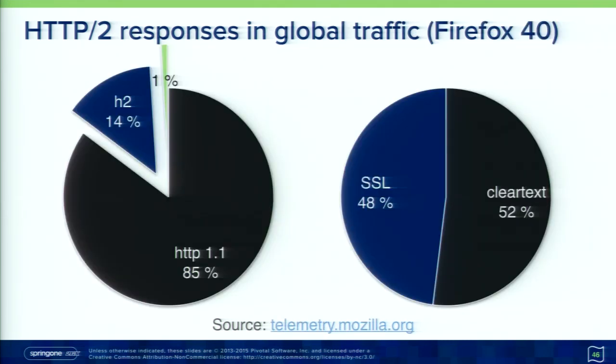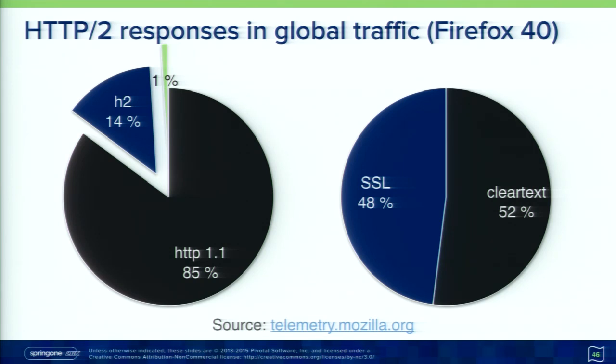Now if you look at the actual traffic, those numbers are coming from official Mozilla numbers. They're a bit biased because we are only considering here Mozilla for the stable version of Firefox. We're looking at all the responses that were received by Firefox browsers. You can see that 85% is HTTP 1.1, 14% is HTTP 2.